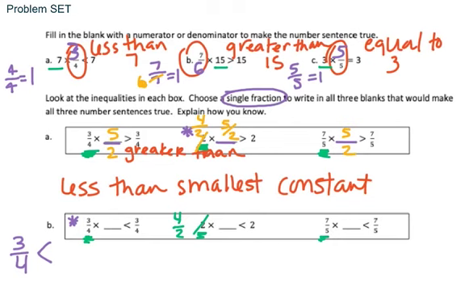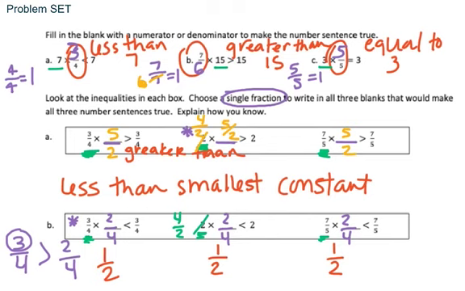Well, if I subtract from the numerator, I can go to 2/4. 2/4 is less than 3/4, or 3/4 is greater than 2/4. So I could put in here 2/4. If you also, instead of 2/4, put 1/2, you would also be correct because 2/4 is equal to 1/2.